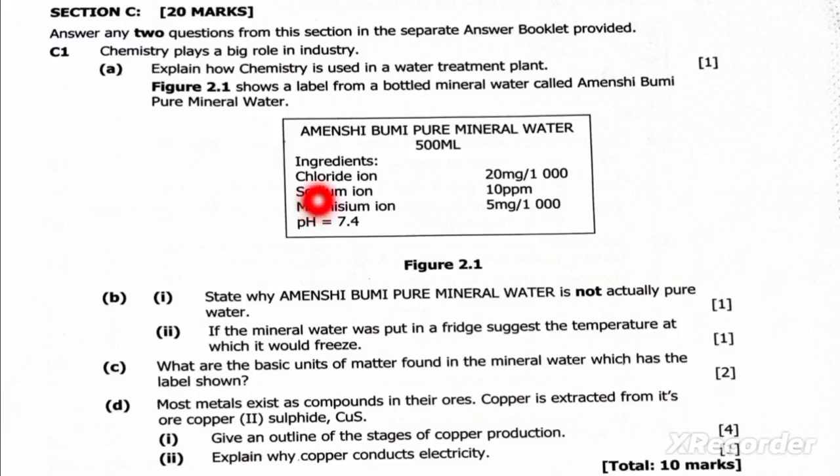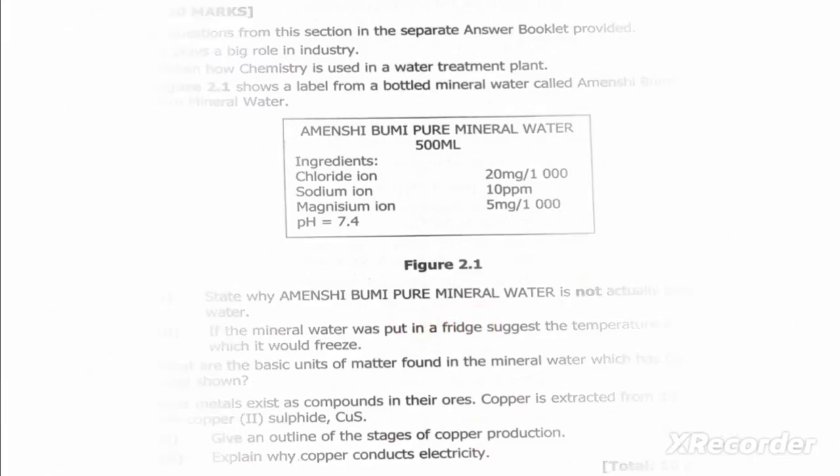Ingredients: chloride ion, sodium ion, magnesium ion. pH 7.4. Question B, Roman numeral 1: state why Amenshi Vumi pure mineral water is not actually pure water.